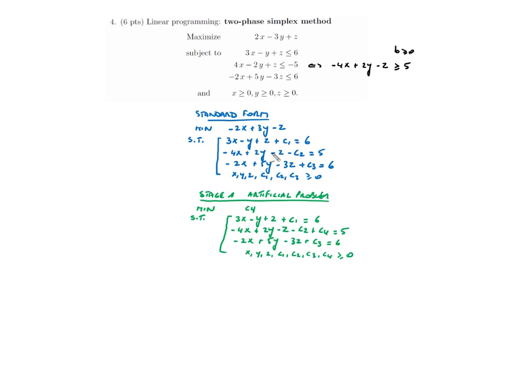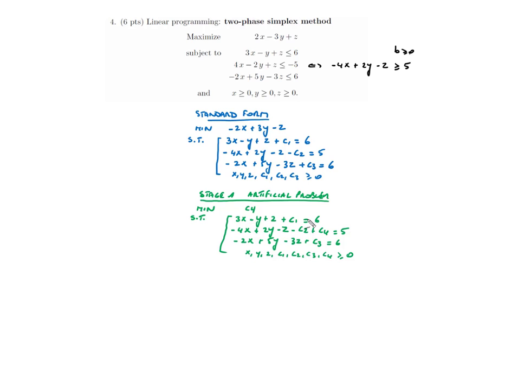In the second equation we have a problem. C2 appears only once, but it has a negative coefficient, right? So what we'll have to do is add here an artificial variable C4 and treat this artificial problem, right? So we'll minimize a cost C4 with respect to these constraints. Here it's only necessary to add one artificial variable, since we have already pivot variables in the first and third equation.